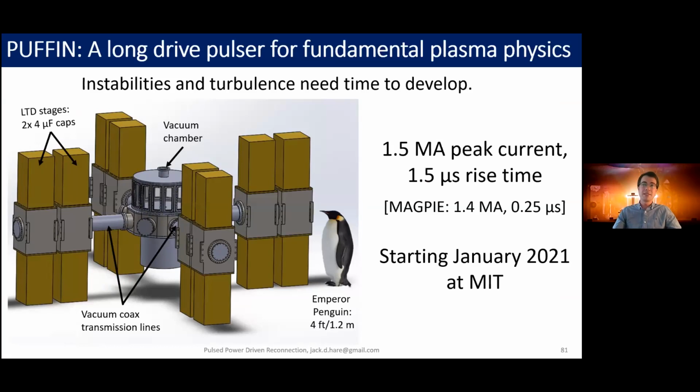And that's quite different from existing pulse power generators like MAGPIE or COBRA or MAIZE or other facilities around the world, which are generally optimized to deliver very short, very intense pulses of current. Puffin instead is designed to deliver a very long drive time, which will enable us to sustain these plasmas over the timescales necessary to see the full development of instabilities and turbulence.